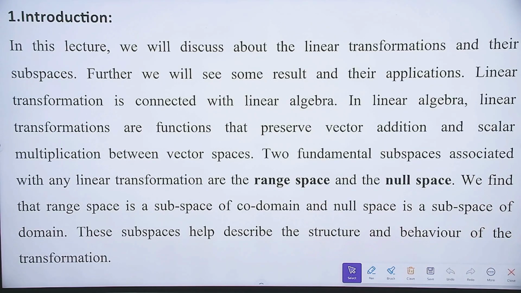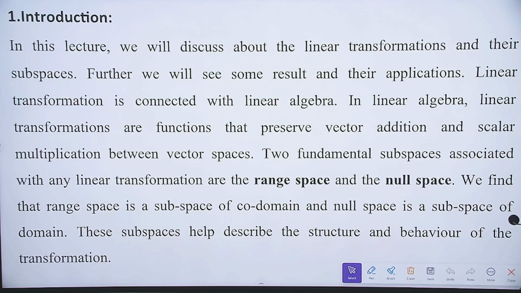Introduction. In this lecture, we will discuss linear transformation and their subspaces. Further, we will see some results and their applications. Linear transformation is connected with linear algebra. In linear algebra, linear transformations are functions that preserve vector addition and scalar multiplication between vector spaces.